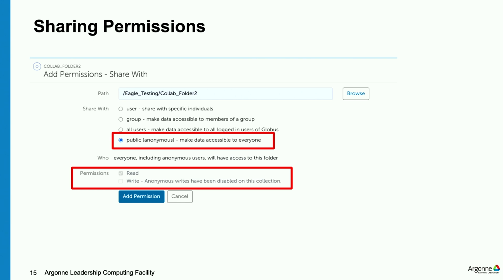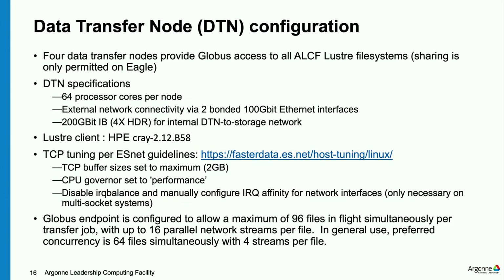The PI can select a user group, all users, or make it public, but when you share publicly, you cannot do writes.